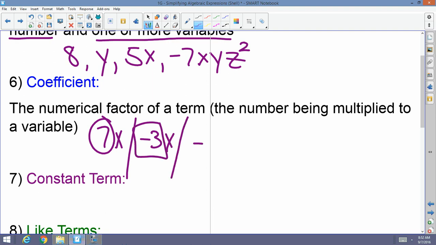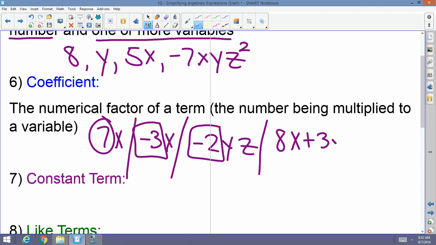If I have negative 2yz, negative 2 is my coefficient. If I have 8x plus 3y minus 5w, 8 is a coefficient, positive 3 is a coefficient, and negative 5 is a coefficient. A coefficient is the number in front of the variable, the number being multiplied to a variable. The coefficient could be a fraction or a whole number.